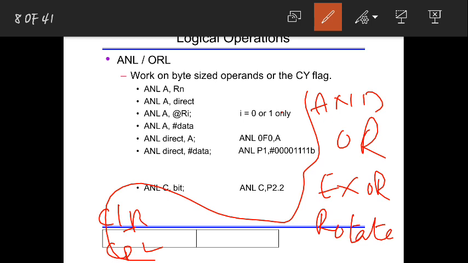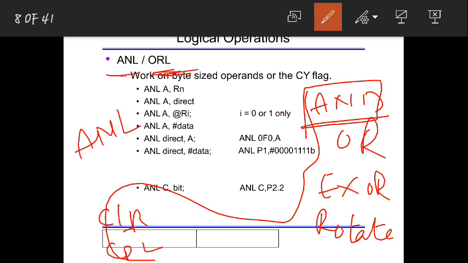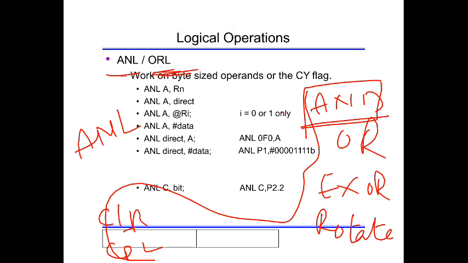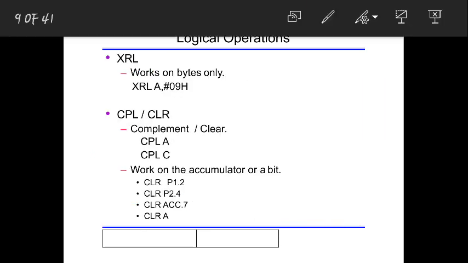Now for AND the instruction you use is ANL, the logical AND operation. For OR you'll use ORL. Here you have ANL and ORL both. Next, for XOR you'll use XRL. For complement you'll use CPL. For clear you use CLR.